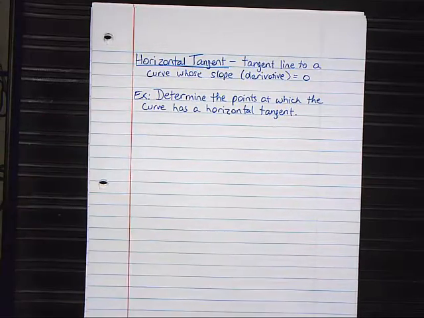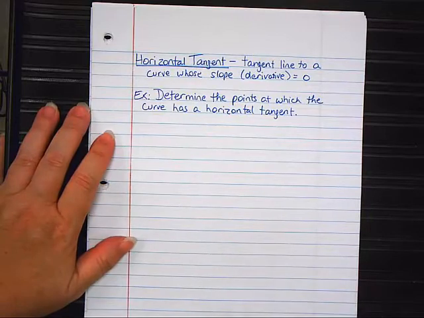Determine the points at which the curve has a horizontal tangent. Okay. Let's not get horizontal tangents confused with horizontal asymptotes. An asymptote is a line that a graph gets really close to but never gets to it. A tangent actually touches it. It actually touches the curve at that point. So these are not the ones dealing with limits of infinity.